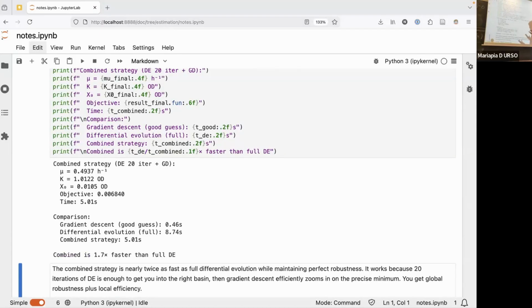It takes longer than gradient descent on its own. But here it found a very good set of parameters, not in the 10 seconds or whatever that we had with only differential evolution, but here in 5 seconds, which is faster than only differential evolution. But we didn't need to have a good guess. We only put the bounds. So it found the good initial guess via differential evolution, and then it fine-tuned with gradient descent.